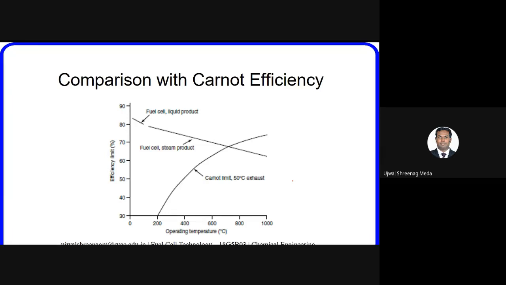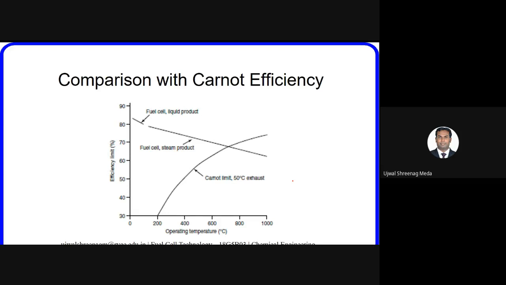But at some point of time, we did learn that there is a possibility to generate additional power by utilizing the waste heat that is coming out of the fuel cell. So in case of fuel cells that are operating at high temperatures, such as MCFC and SOFC, even PAFC, anything above 100 degrees centigrade, there is a possibility of utilizing the waste heat to generate additional power. So how can that be done? So there are two ways of doing it.